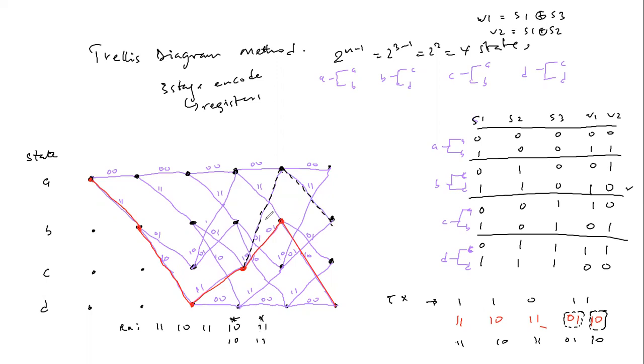Okay. Then alternatively, from this part, go through this part. That's a 1. That's from C to B. That's a 0 1.